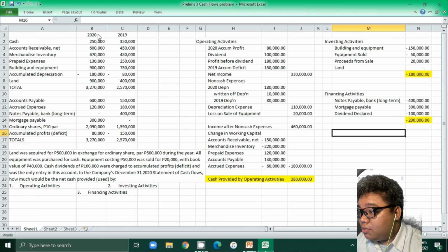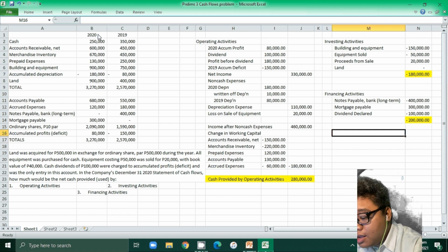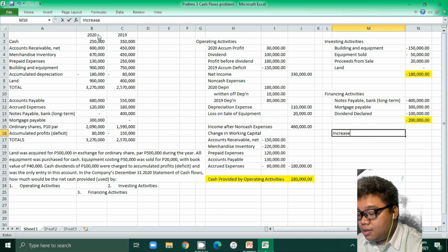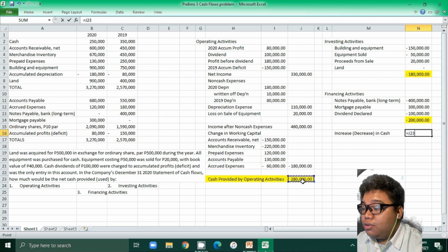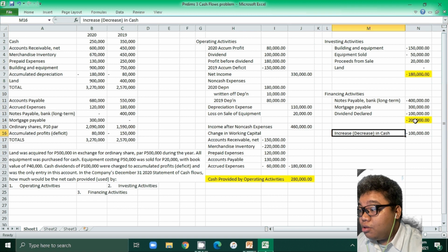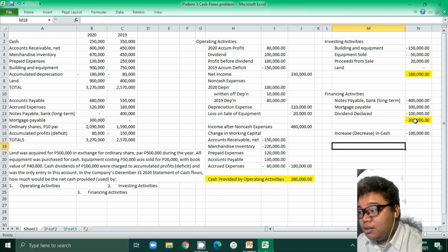Now, we can compute for the net increase or decrease in cash. We just have to add the cash provided from operating, use from investing, and use for financing. So 280 plus negative 180 plus negative 200, that would be negative 100,000.